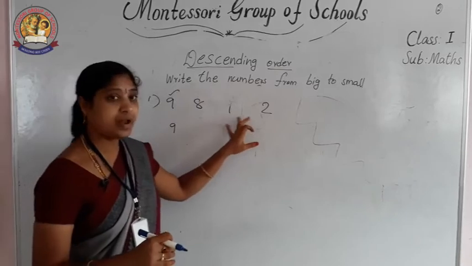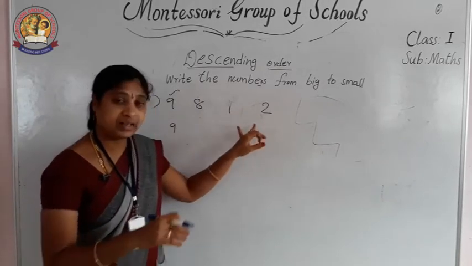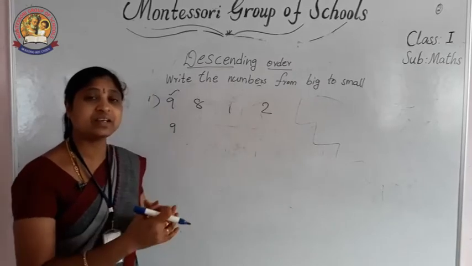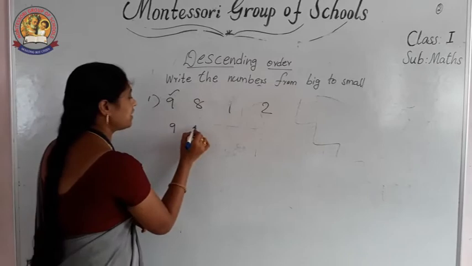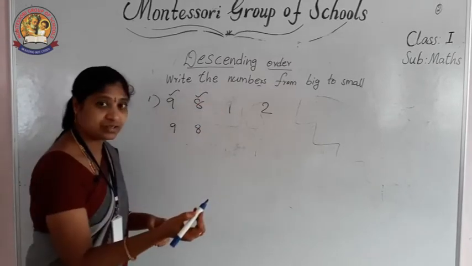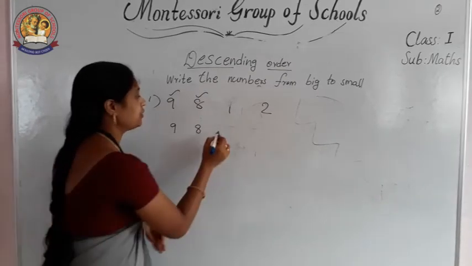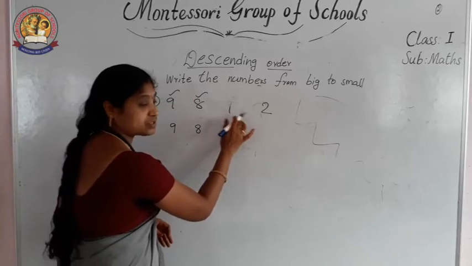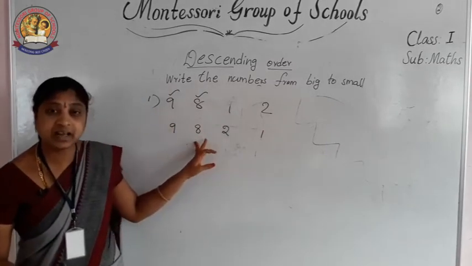8, 1, 2. In these numbers, which one is the bigger? Yes, 8 is the bigger. Right, here 8. Next, which is the bigger? Yes, 2. Next, 1. This order is descending order.